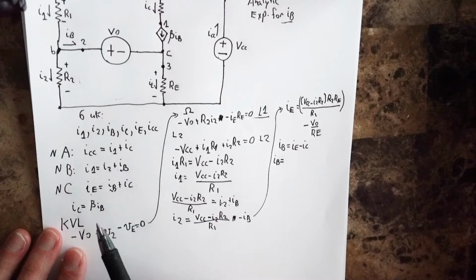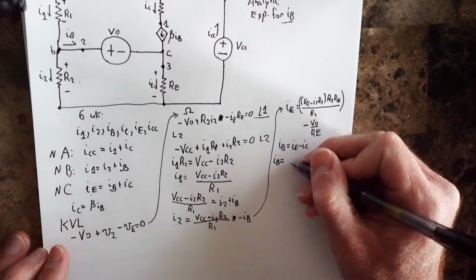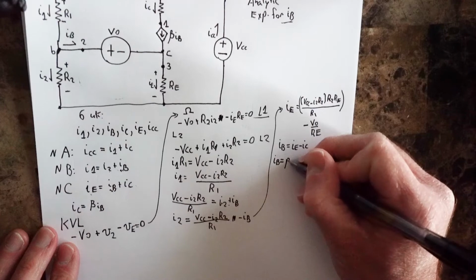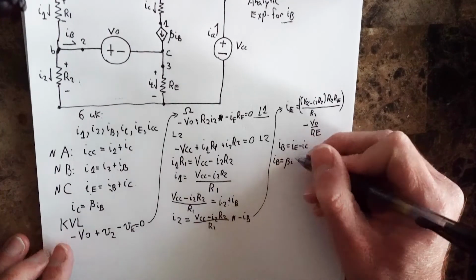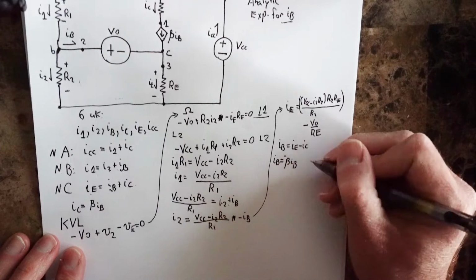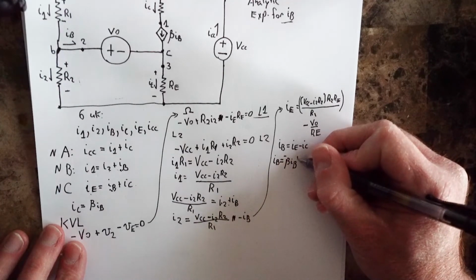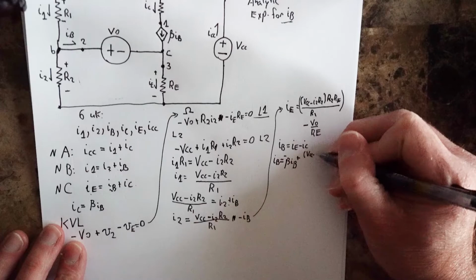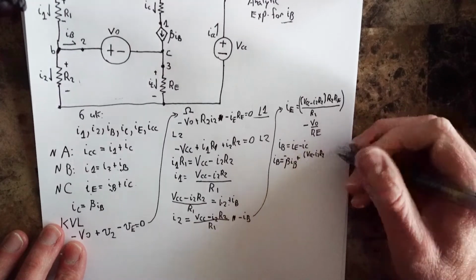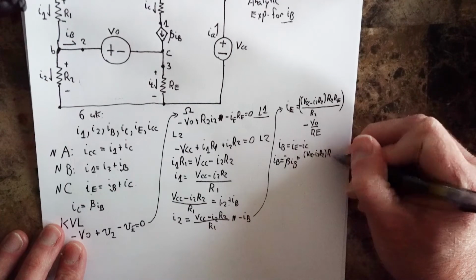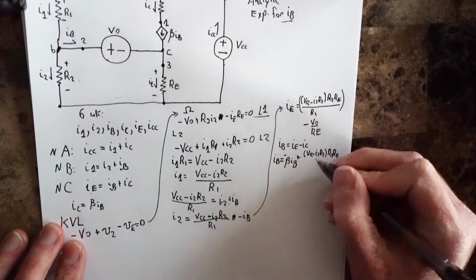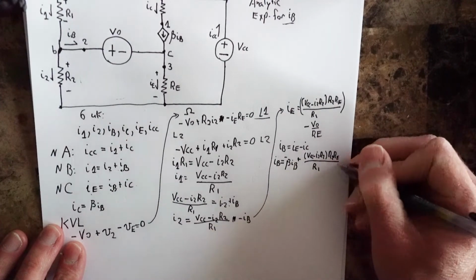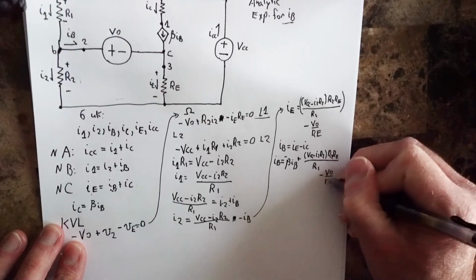We got this dependent current source relationship, which means that we can just go ahead and plug in minus beta IB plus VCC minus I2 R2 times R2 RE over R1 minus V0 over RE.